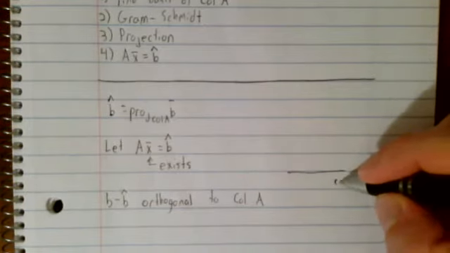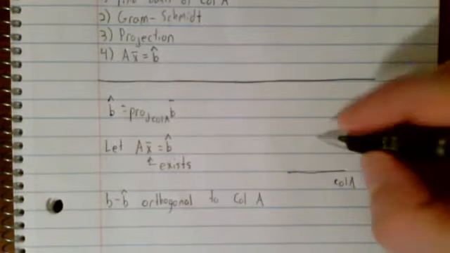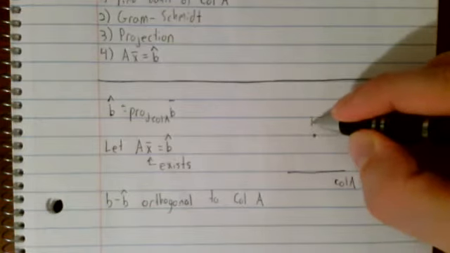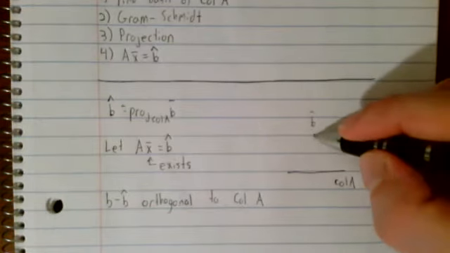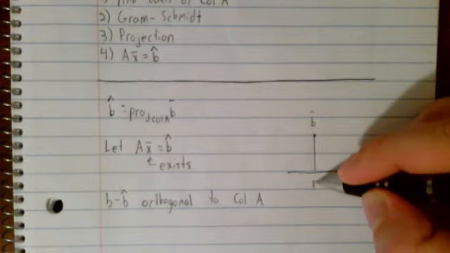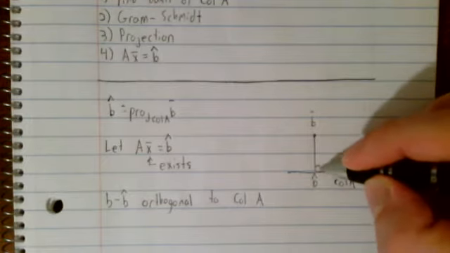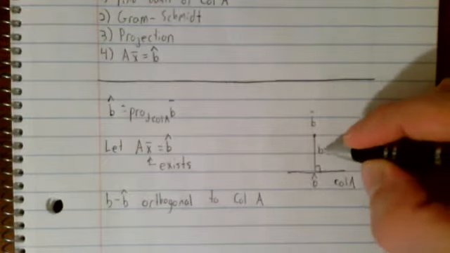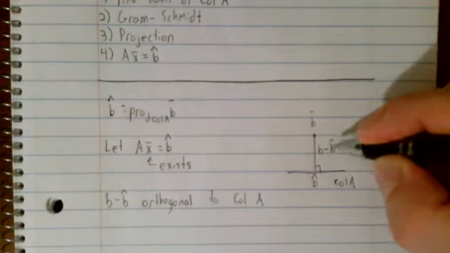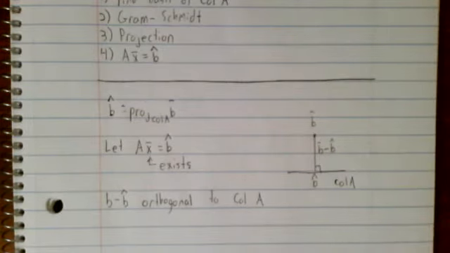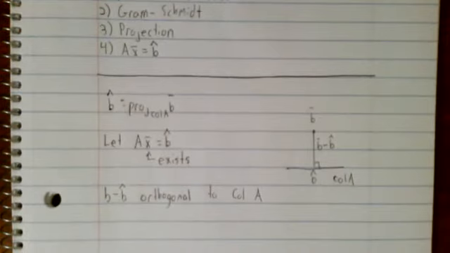So here's the column space, here's B, here's B hat, there's B minus B hat. It's orthogonal by the definition of an orthogonal vector.